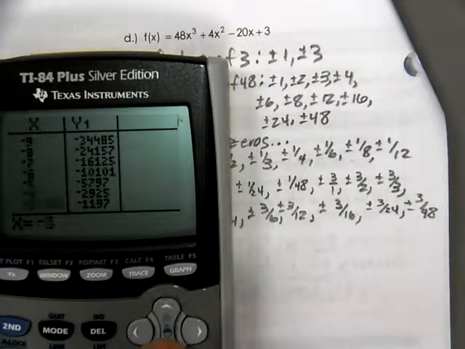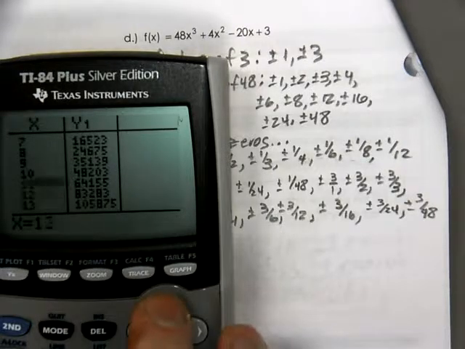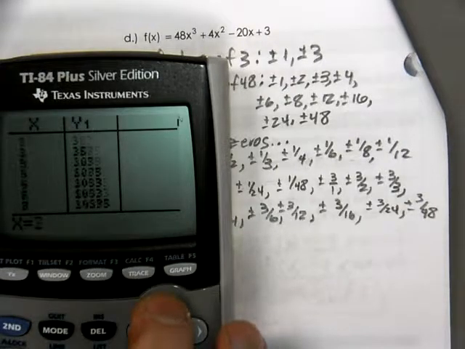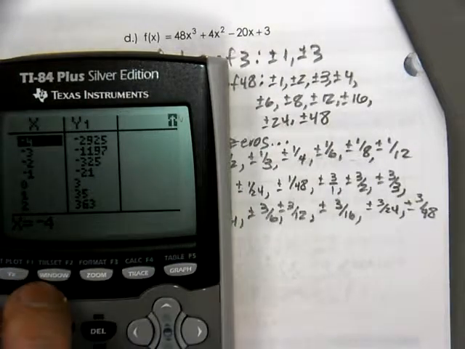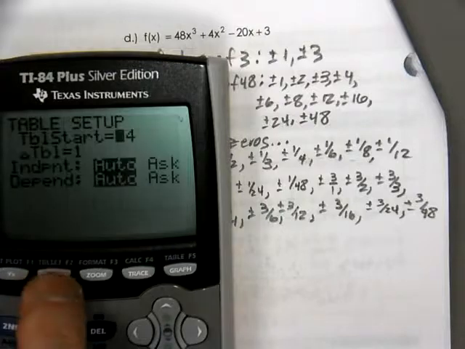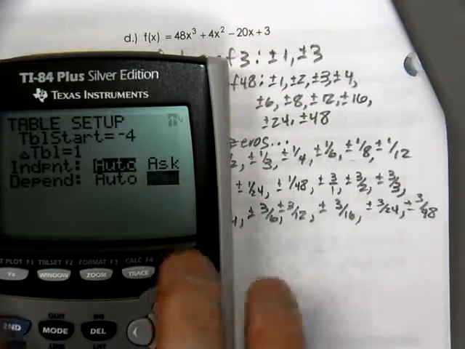Try to see if we have any zeros that pop up. And when you look at it like that, we do not have any zeros that pop up. We could go to second table set and we can try to ask what our zeros are going to be.